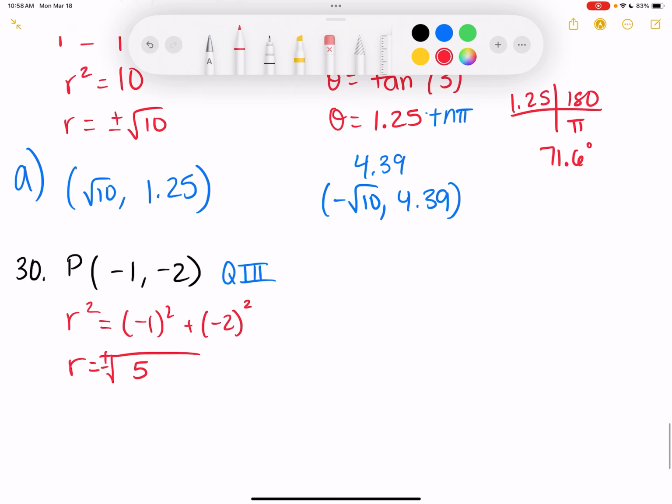All right, so then tangent of theta is equal to -2 over -1. Theta equals inverse tangent of 2. So you'll have to find that again.